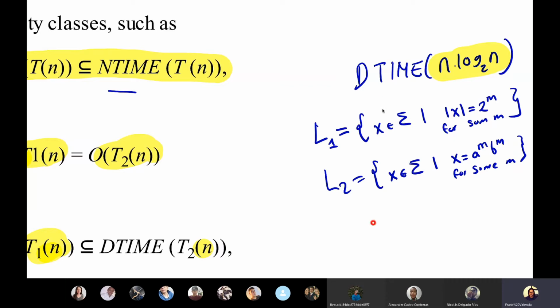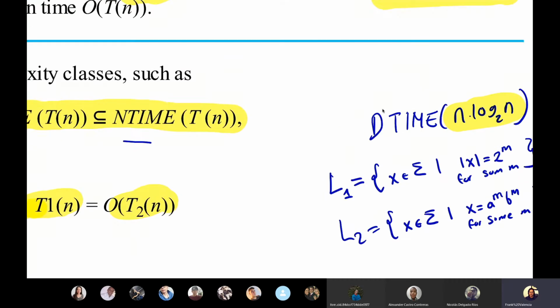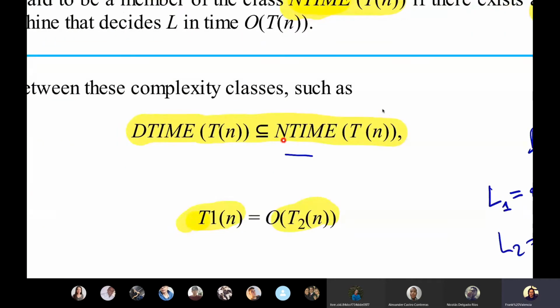And there are infinitely many more. So this is a set. It's the same here: there are many languages that can be decided in non-deterministic time T of n. But what seems to be a property is that every language that is here is also here.